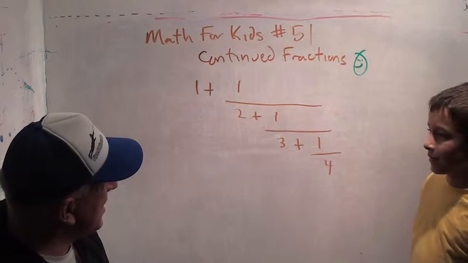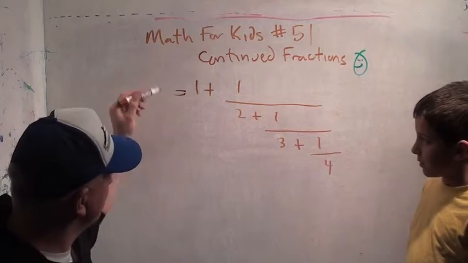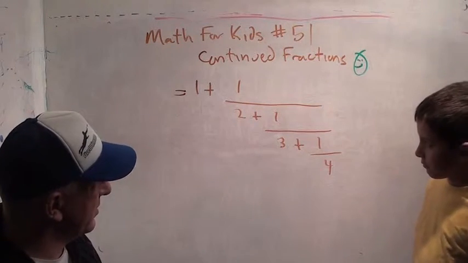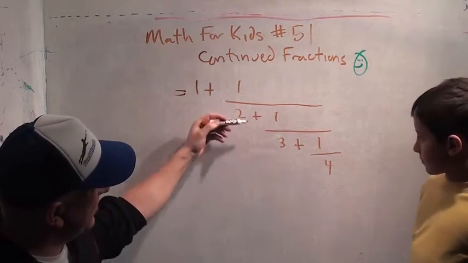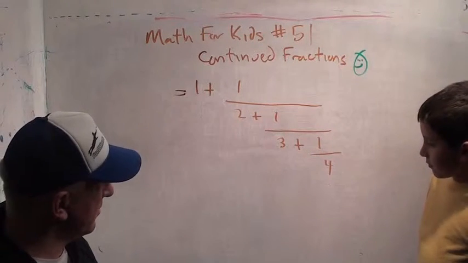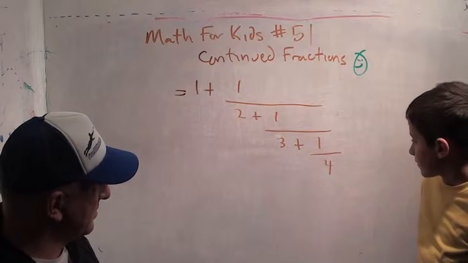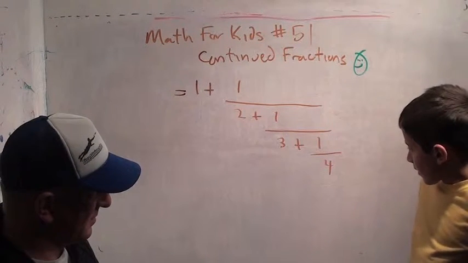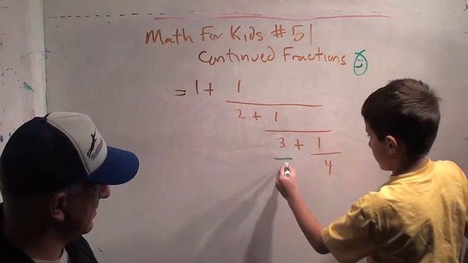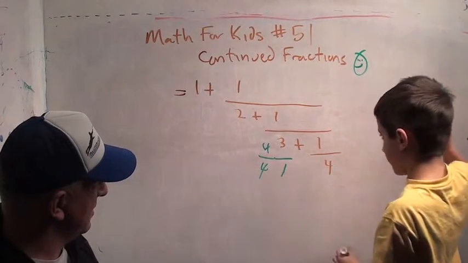And let's see if we can figure out what this is. This is some other fraction that we would normally write some way, but let's see if we can figure out what it is. You want to give it a shot? The first thing you have to do is add 3 plus 1/4. Can you tell me what 3 plus 1/4 is? Just do the concept from our earlier video.